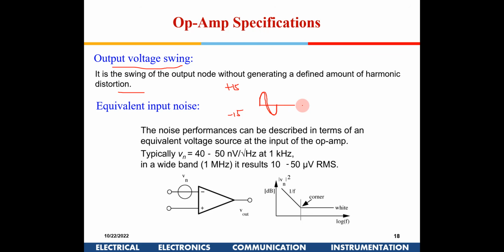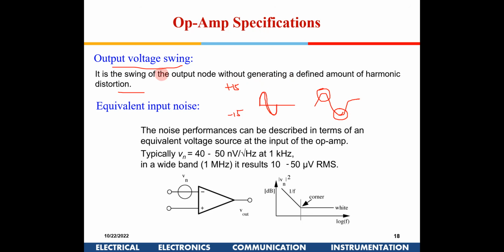But if you try to operate it close to plus 15 volt, it might go there and get slightly rounded off. These are all known as non-linearities which will come. So it won't be pure sinusoidal in these areas; slowly non-linearity will get in.